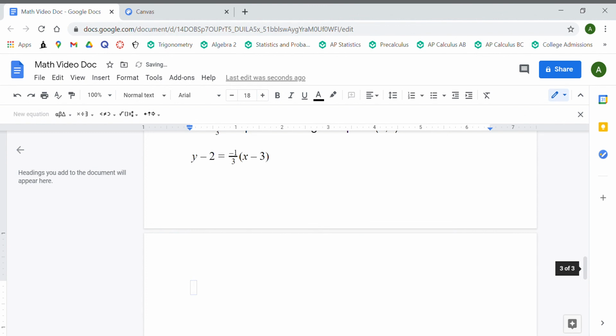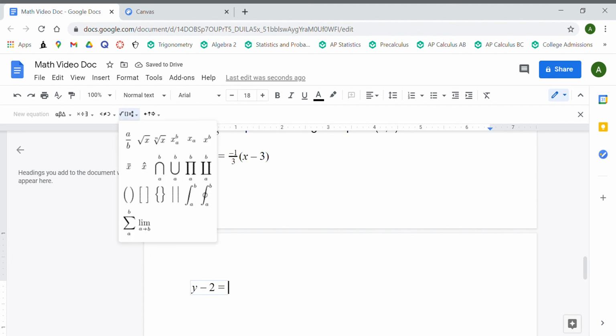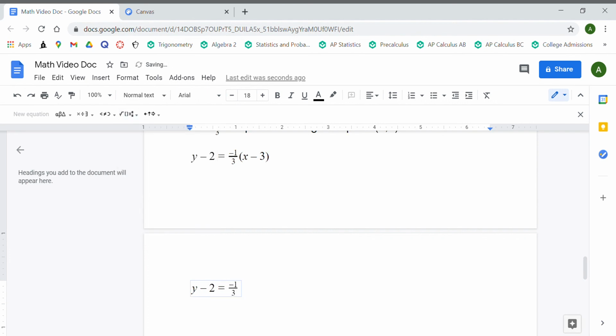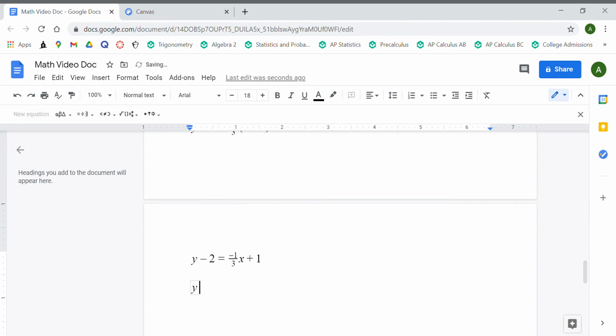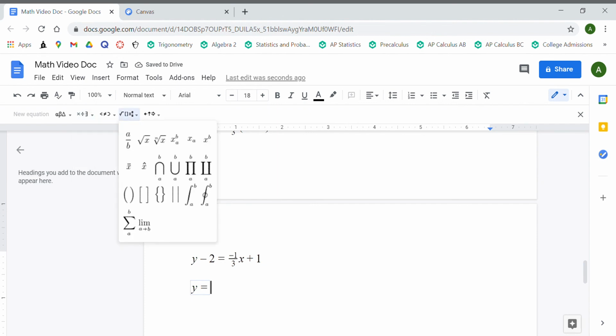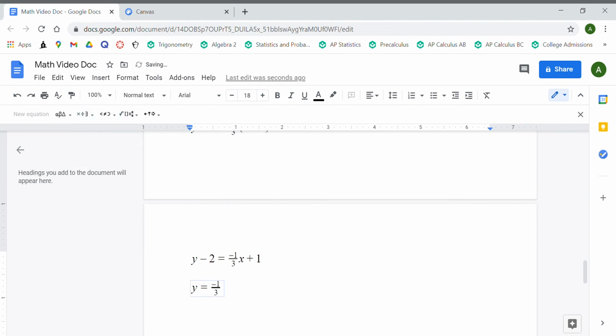Convert y minus 2 equals negative 1/3. Negative 1/3 times x equals negative 1/3 x. Negative 1/3 times negative 3 is positive 1. Add 2 to both sides. You get y equal to negative 1/3 x plus 3.